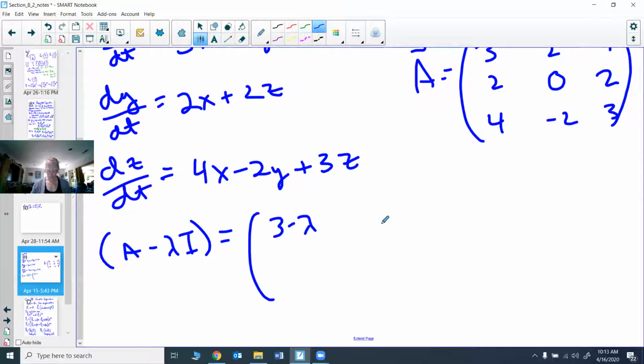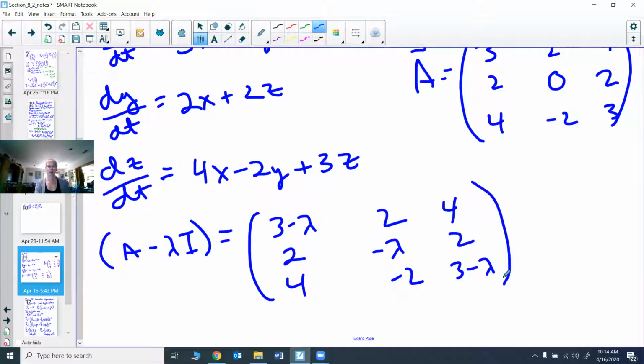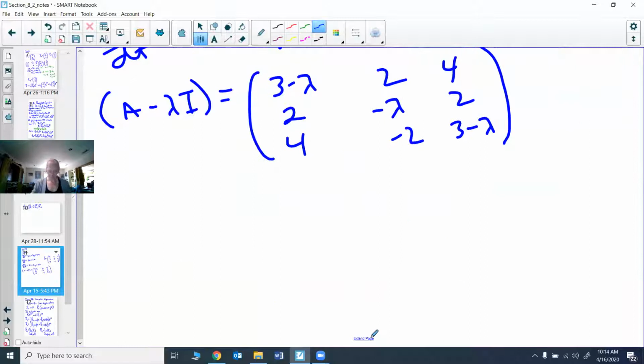So we'd have 3 minus lambda, 2, 4, 2, 0 minus lambda is negative lambda, 2, 4, negative 2, 3 minus lambda. And again, really what we're doing is we're multiplying I, which is the matrix 1, 0, 0, 0, 1, 0, 0, 0, 1 times lambda, and then subtracting that from A. So that's why it's lambda off the diagonal. Okay. So now that we have this, we can do the exact same thing we did before. Find the determinant of this.